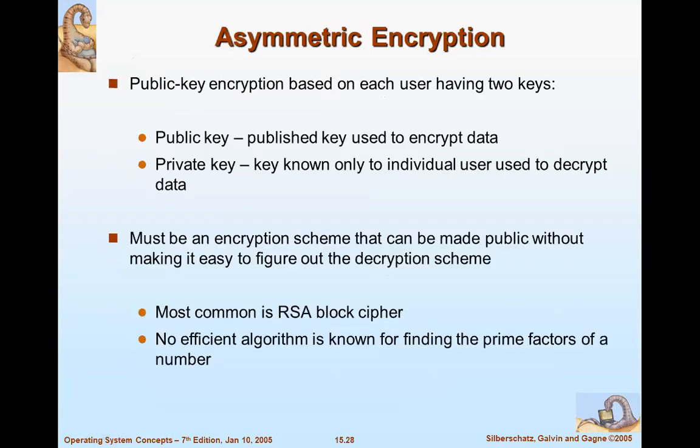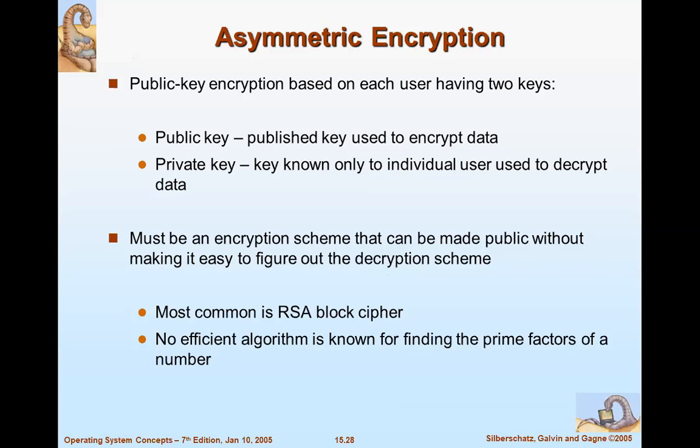Here you can see the asymmetric encryption. Public key encryption is based on each user having two keys. As I told you, the public key, the published key, is used to encrypt data, and it is available to all users in the field. Next is the private key, the key known only to individual users, used to decrypt data.